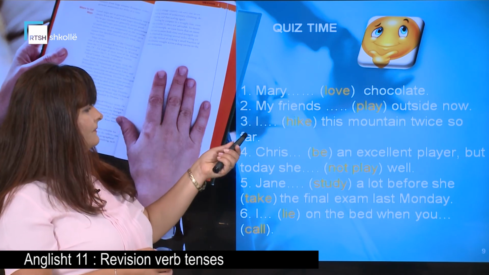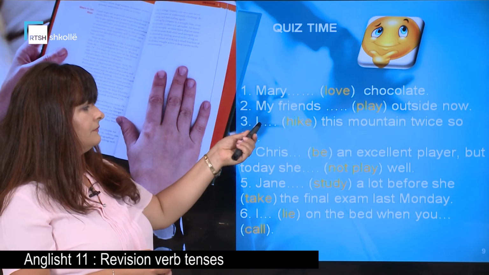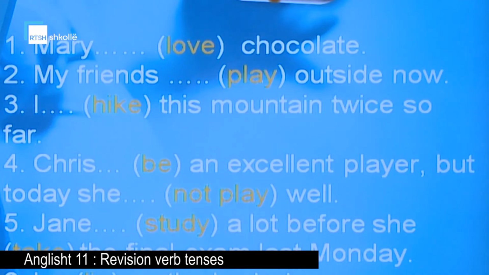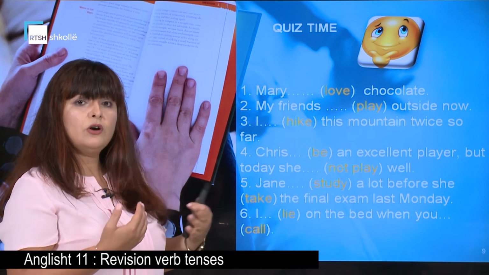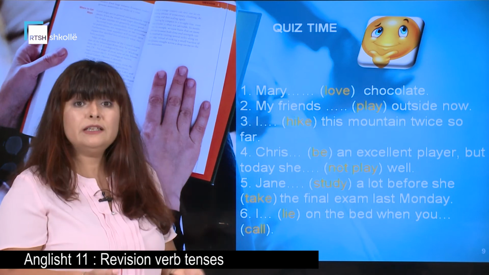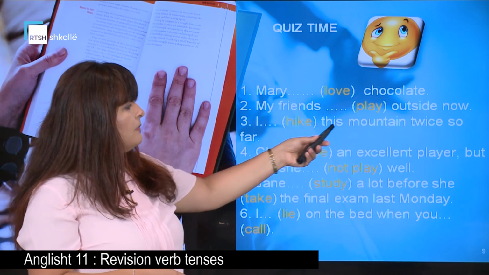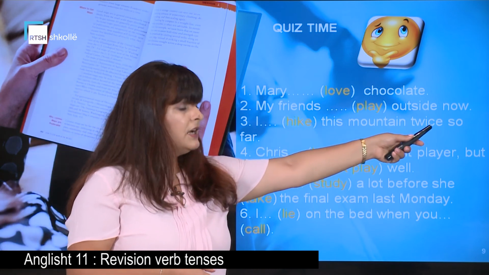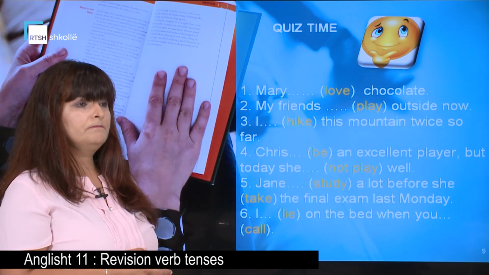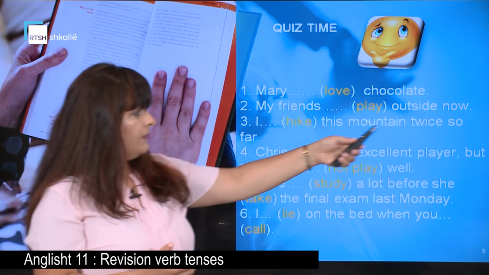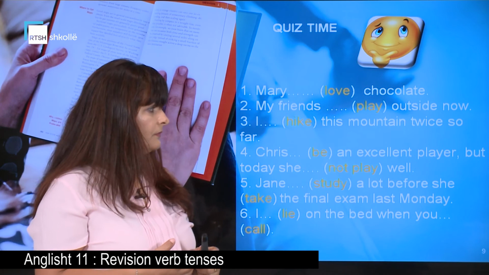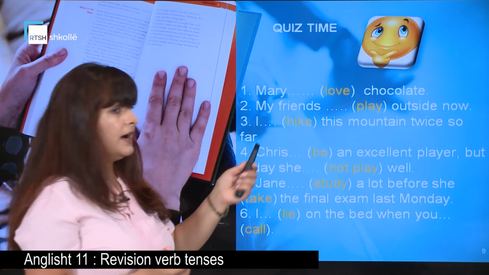The third, I hike. You know, hike. Kind of climb, kind of walking, kind of riding. This mountain twice so far. What does the sentence show? We have twice, we have so far.